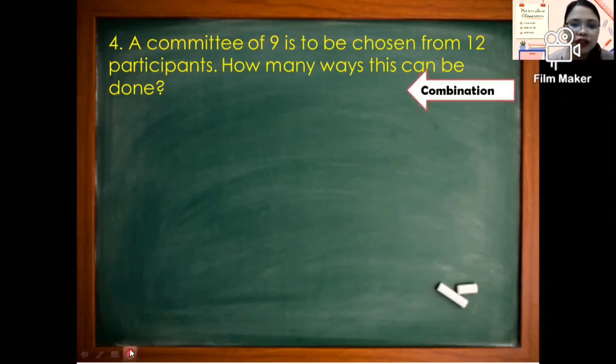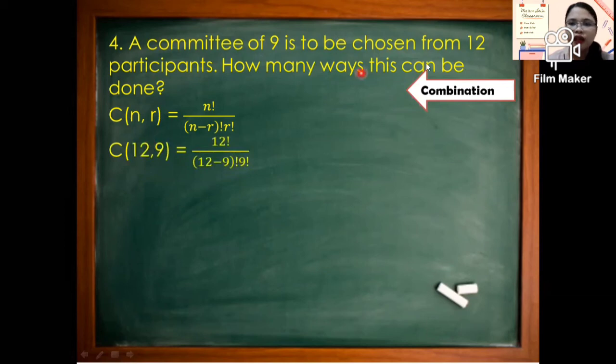So therefore, that given example is combination, and the formula to be used is combination of n taken r is equal to n factorial over n minus r factorial r factorial. Value of n is 12. And the value of r is 9.